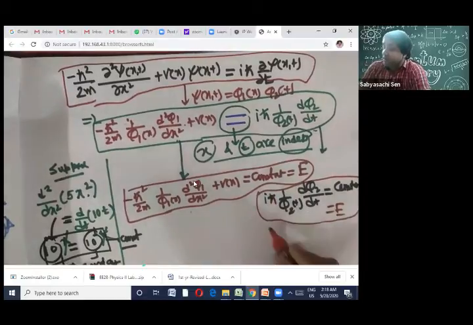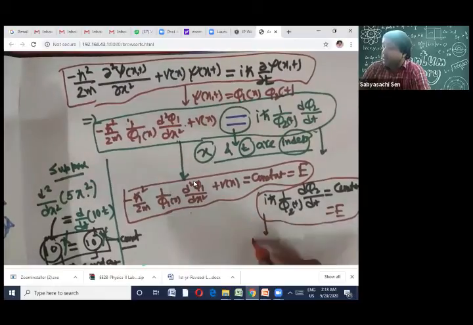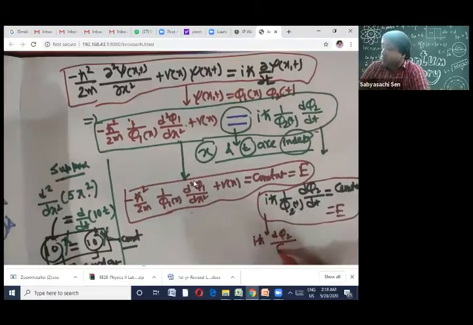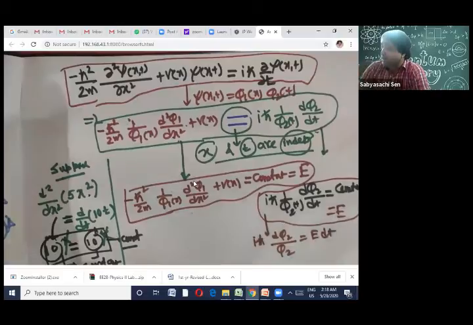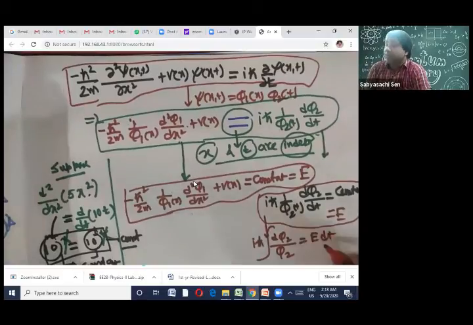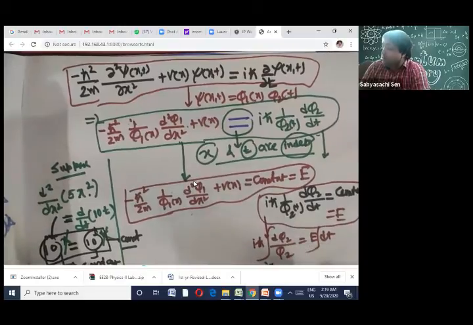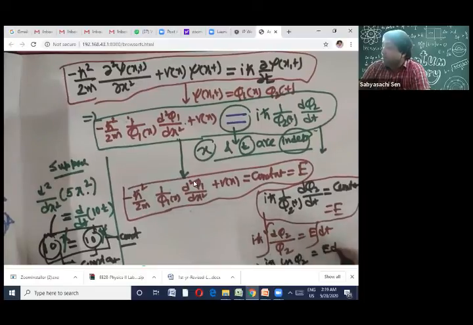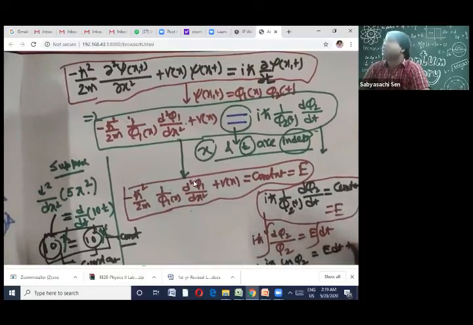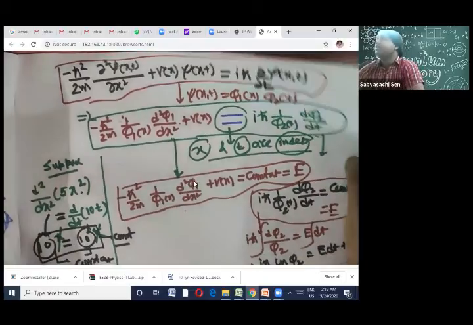For example, this time dependent part, anybody of you can solve it at your age now. Say this is i h cut d phi 2 by phi 2 equal to E dt. So how do you solve this equation? You just take an integration. If you integrate, it will be something like i h cut log phi 2 equal to E t, and maybe some constant log c is present there.